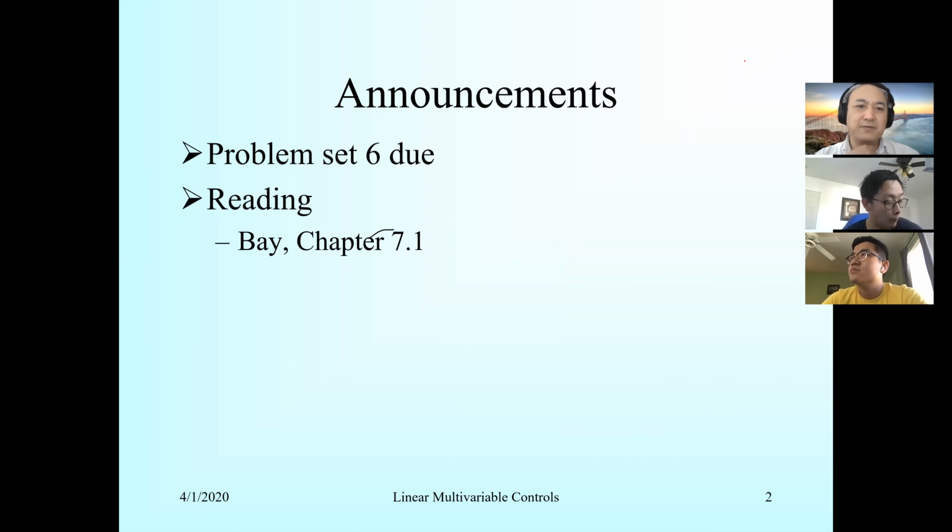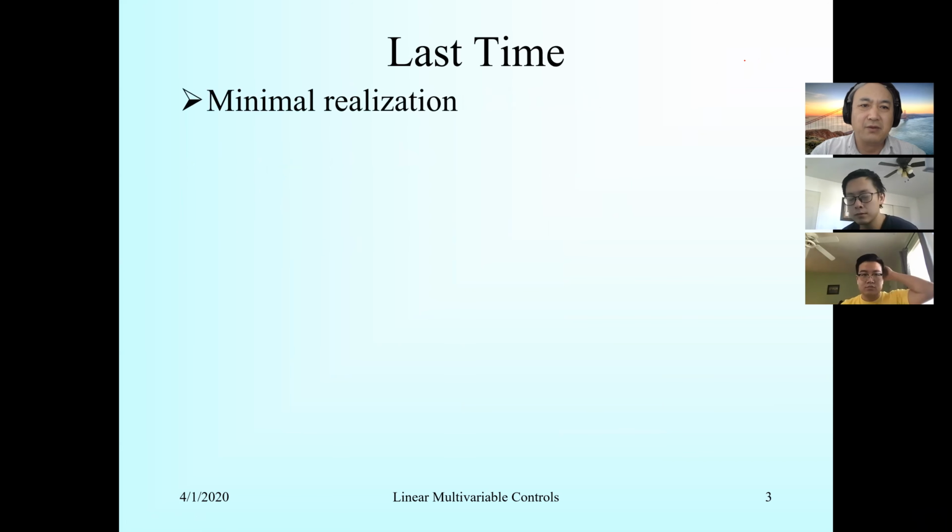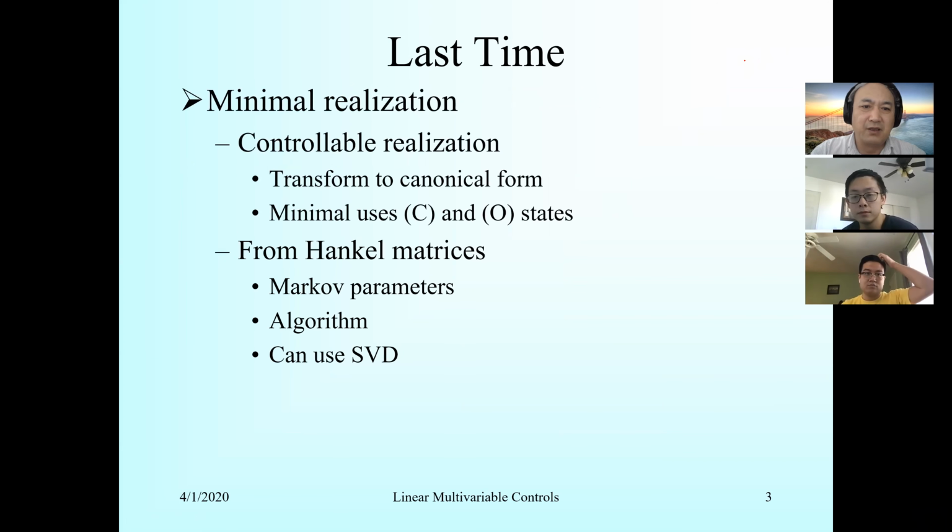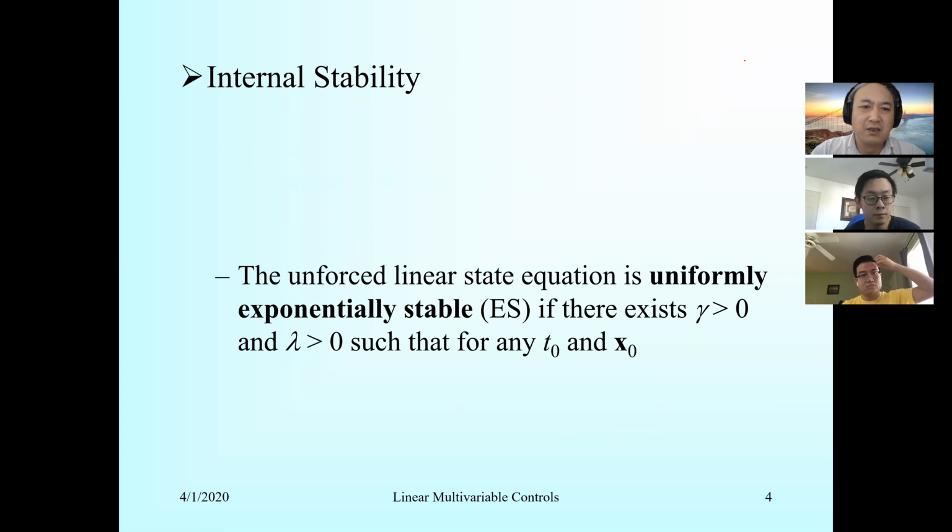So it's John Bay's textbook. It's very well written, so please do read it. Last time we covered mainly internal stability, uniform exponential stability. I put more emphasis on the uniformity.